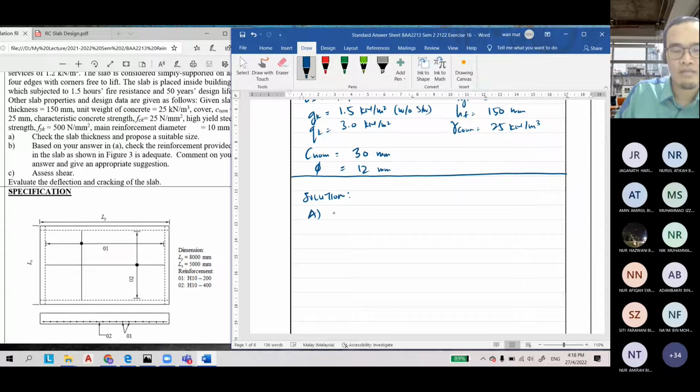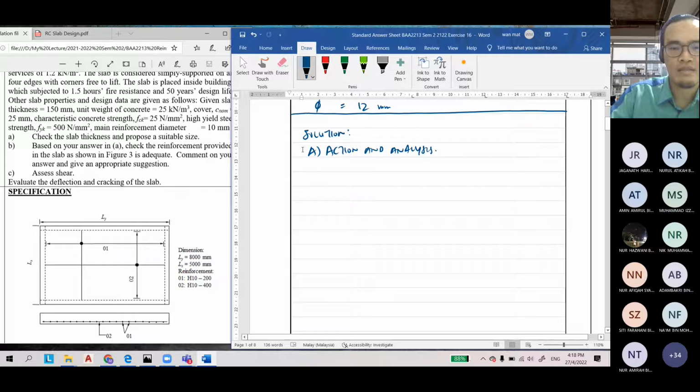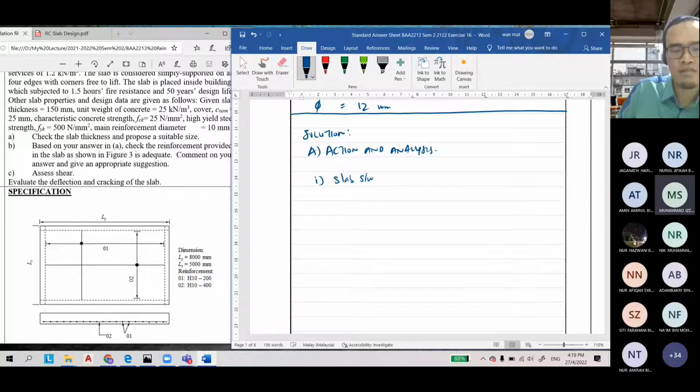So the solution. A is action and analysis. The first action is the self weight of the slab. In the exam, if you don't have time, you can use the short form like this one, I can accept. hf times gamma of concrete equals 0.15 times 25.